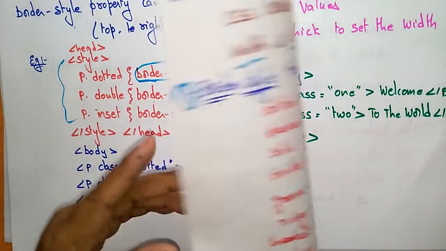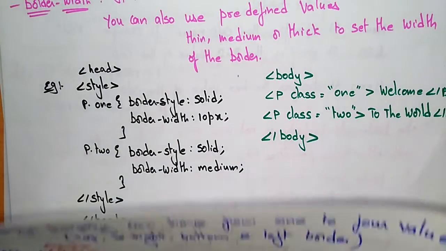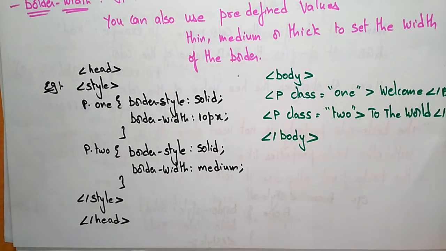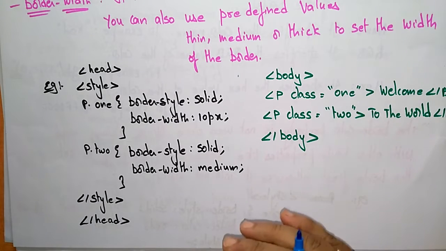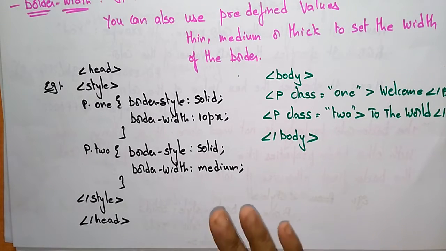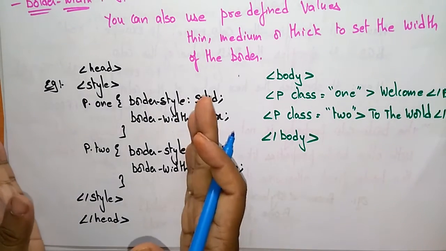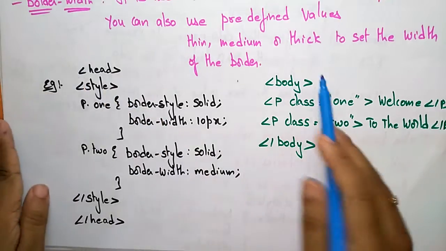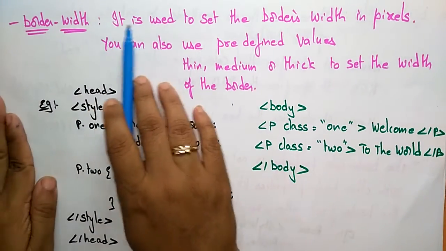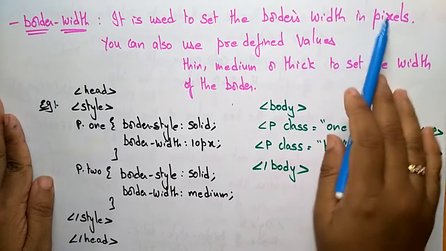So the next one is the border width. In the CSS border, the borders can be specified by using the style, width and the color. So far we have seen the styles. Now let's see the width and color. Border width is used to set the border's width in pixels.